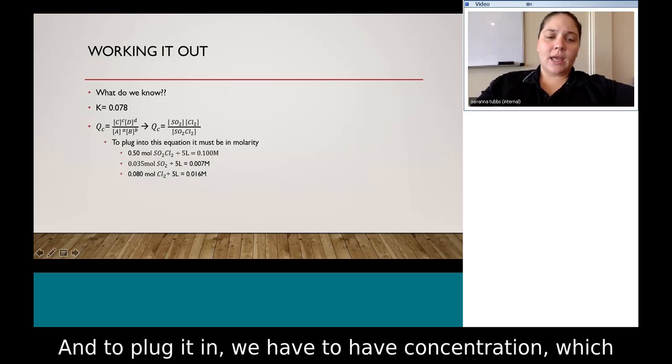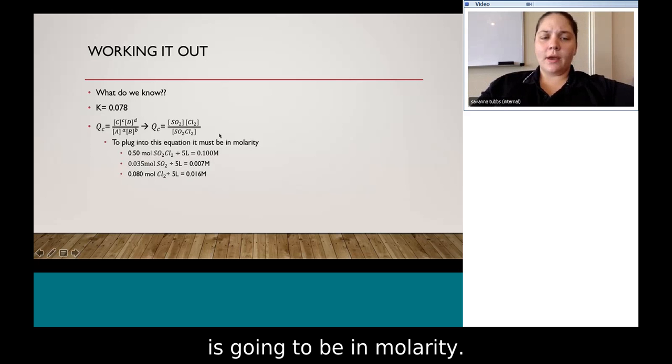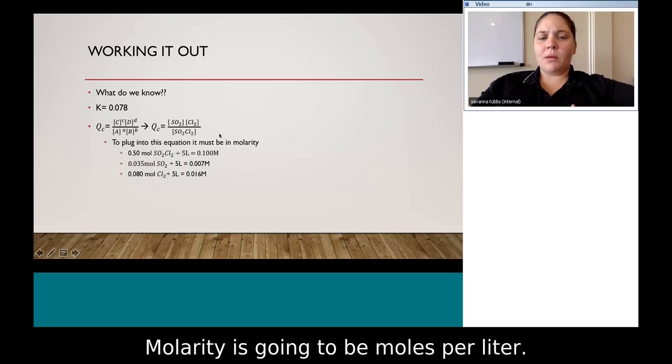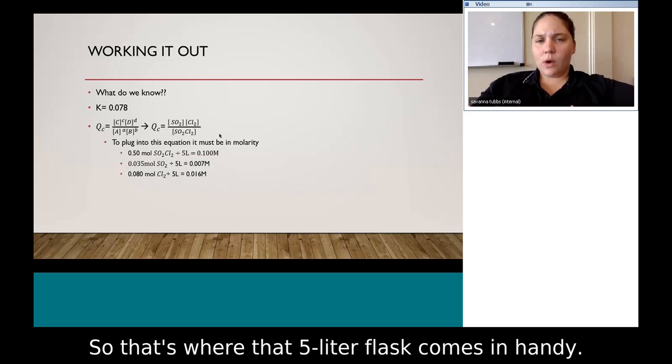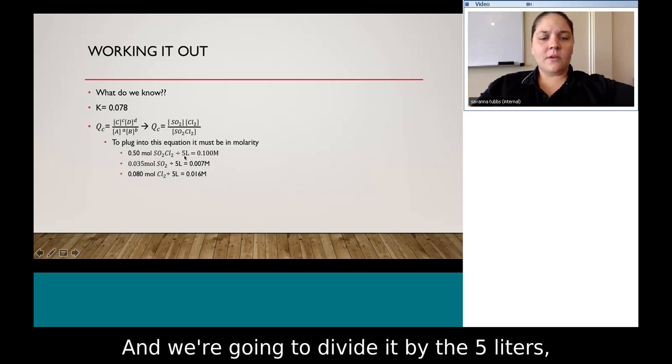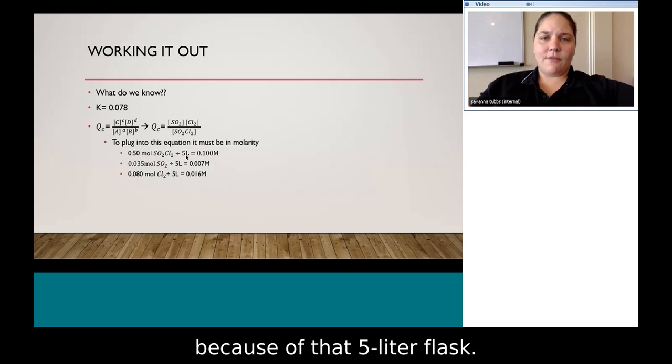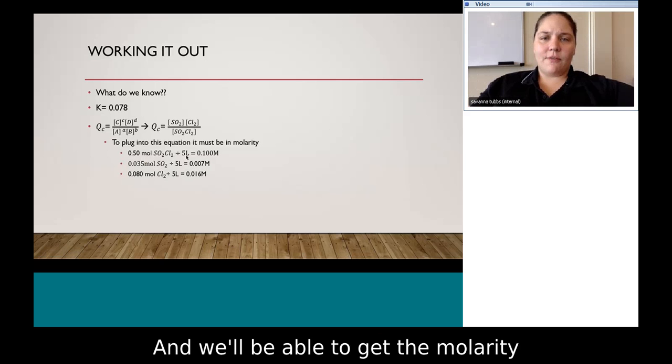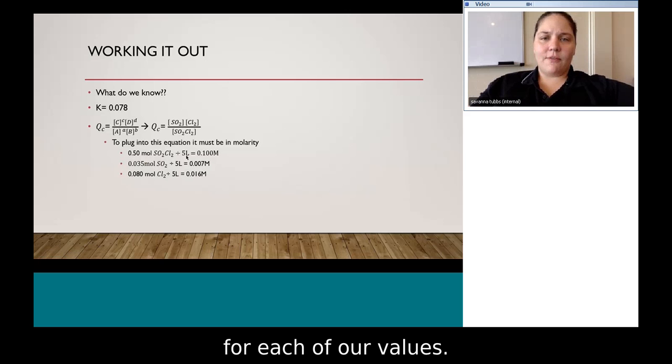And to plug it in, we have to have concentration, which is going to be in molarity. Molarity is going to be moles per liter. So that's where that 5-liter flask comes in handy. So we'll take the moles and divide by the 5 liters, and we'll be able to get the molarity for each of our values.